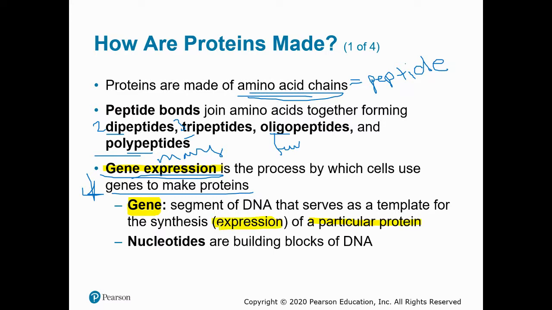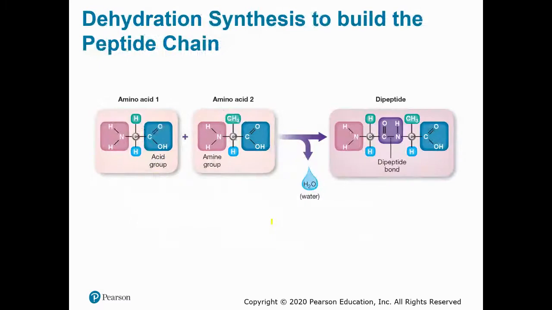This word expression is used kind of synonymously with the idea of building a protein. And then nucleotides are the little building blocks of your DNA, and so it's quite literally the sequence of nucleotides that codes for a gene or that codes for a protein.